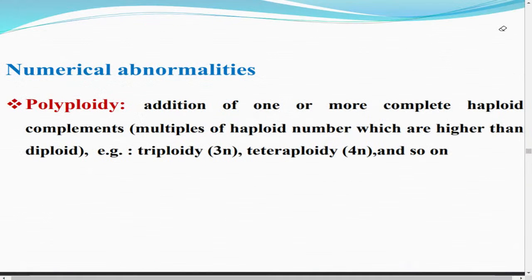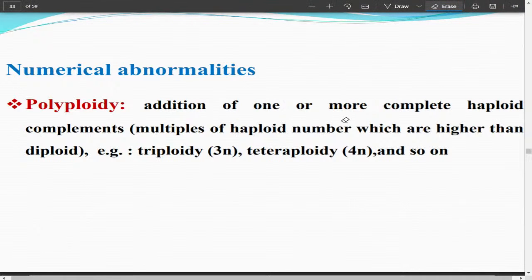Now this slide will be talking about numerical abnormalities, continuing with polyploid: addition of one or more complete haploid components, multiples of the haploid number which are higher than diploid, for example triploid 3n, tetraploid 4n, and so on. We've already talked about the missing of one chromosome.